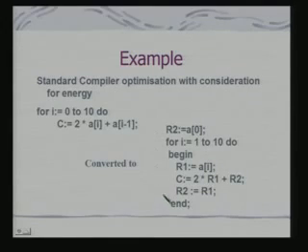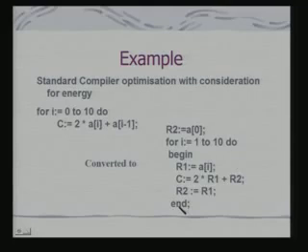In fact, a very standard compiler optimization would possibly do this as well, because I am saving on time, but at the same time I am saving on energy. So energy aware compilation becomes very important for battery powered devices.